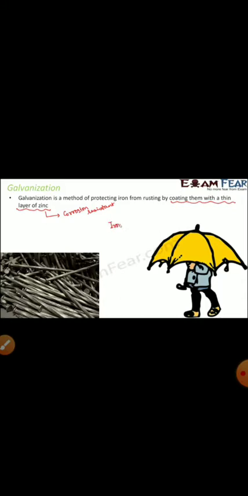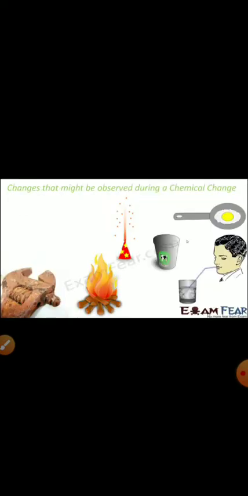Here you think that we are iron and the umbrella is zinc. So how is iron protected by zinc? Like an umbrella.